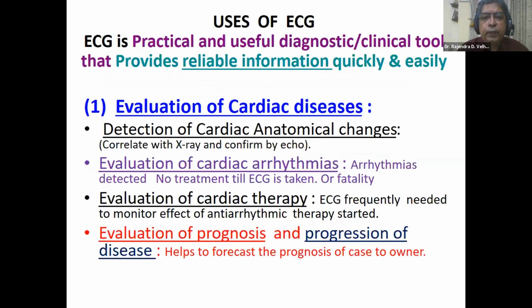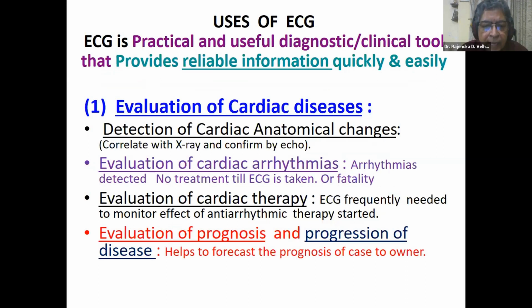Now let us see what the uses of ECG are, why we take it. ECG is a practical, useful diagnostic clinical tool that provides reliable information quickly and easily. ECG helps us to evaluate cardiac diseases.